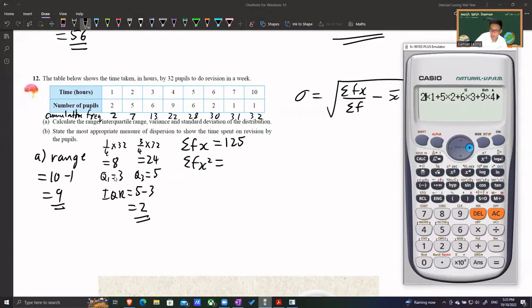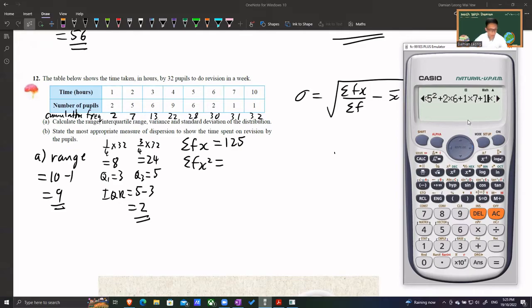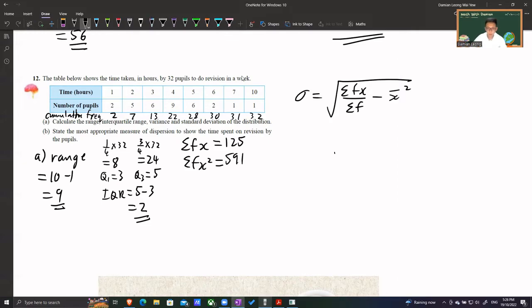Then each of the x values I square: 1 squared, 2 squared, 3 squared, 4 squared, 5 squared, 6 squared, 7 squared, and 10 squared. I get 591.